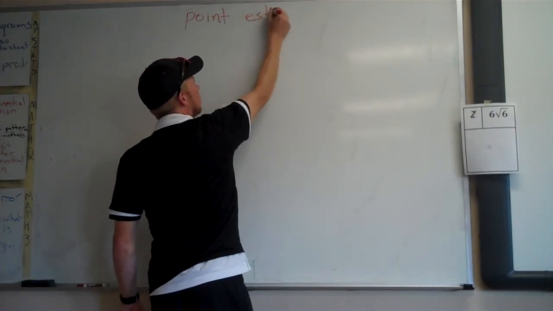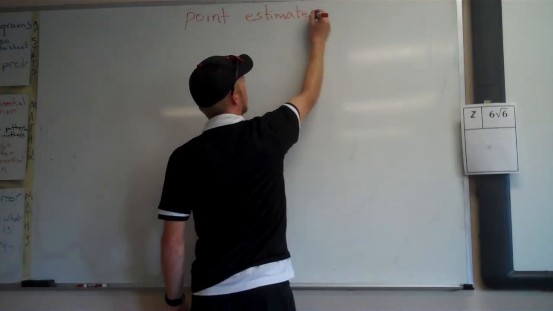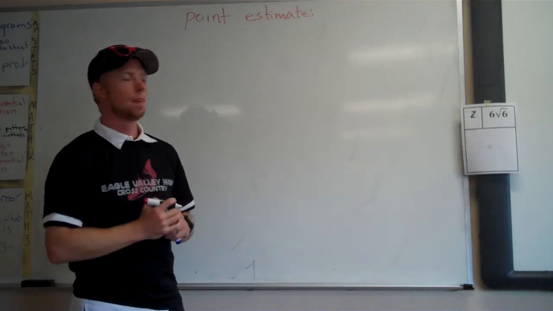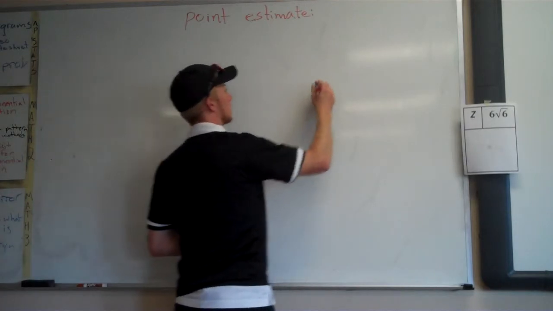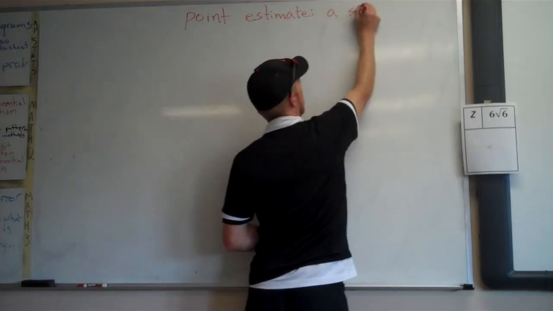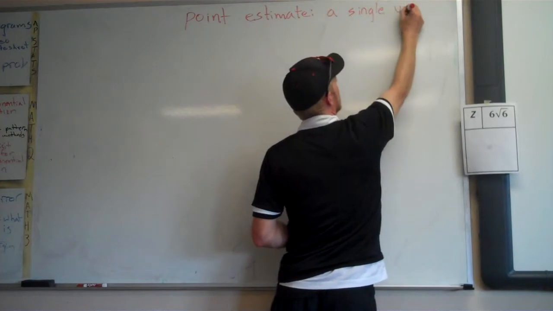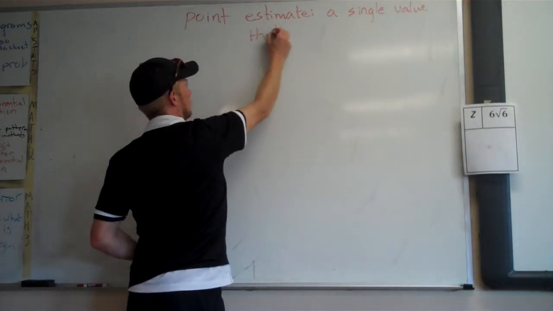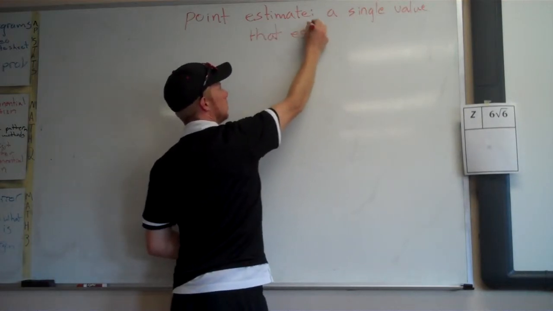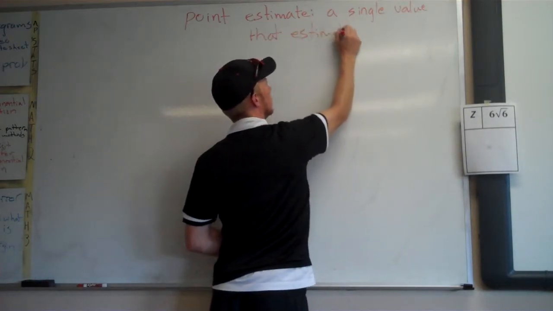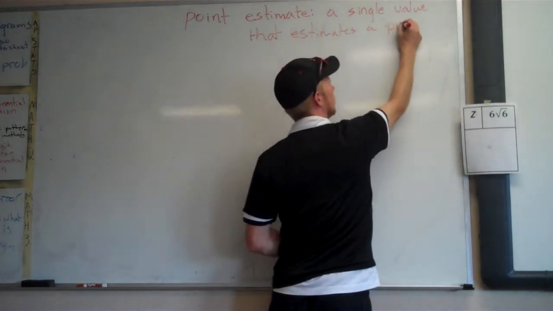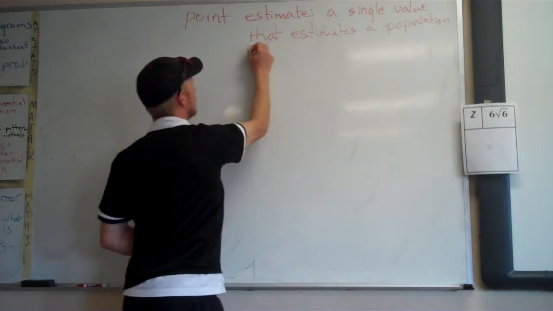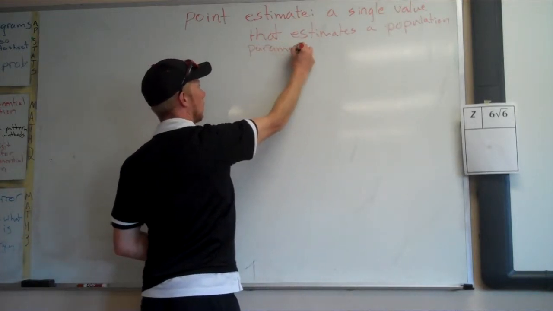First word, point estimate. A point estimate is a single value that estimates a population parameter.